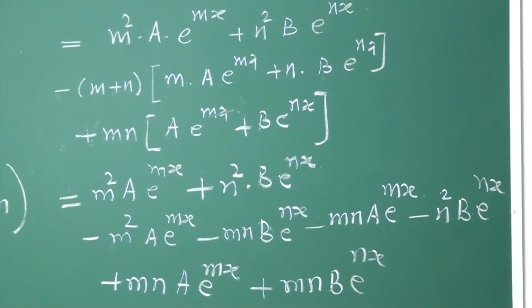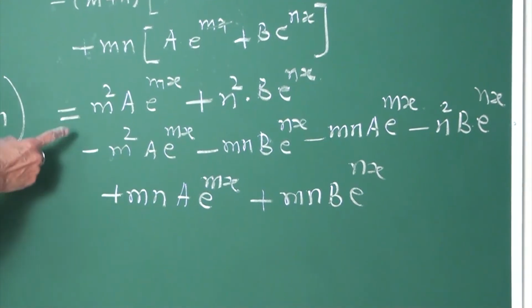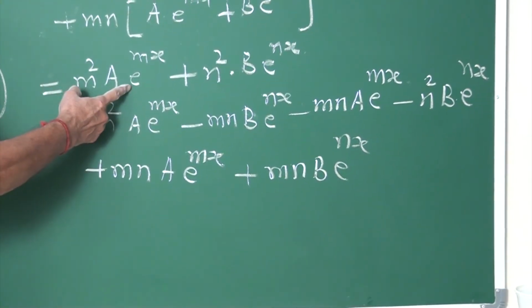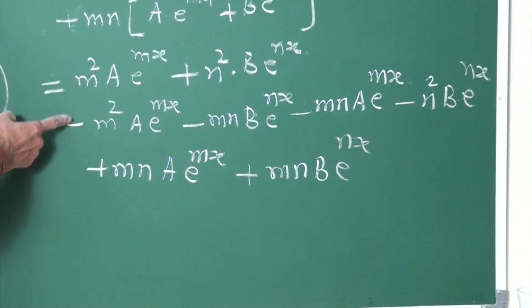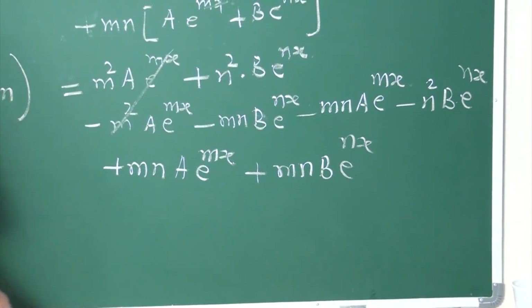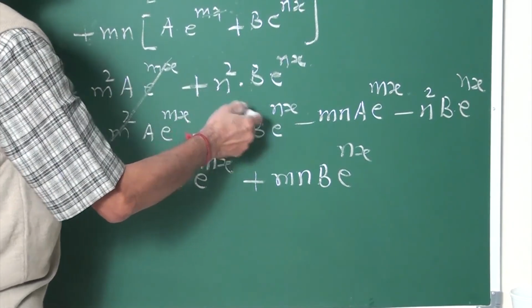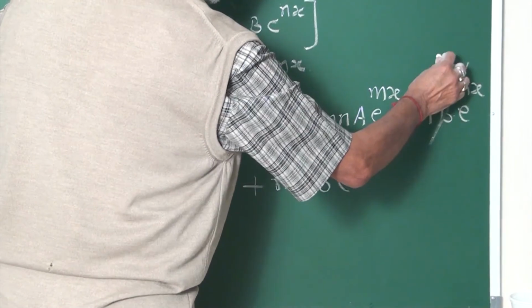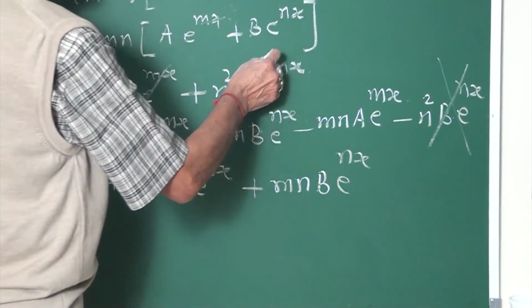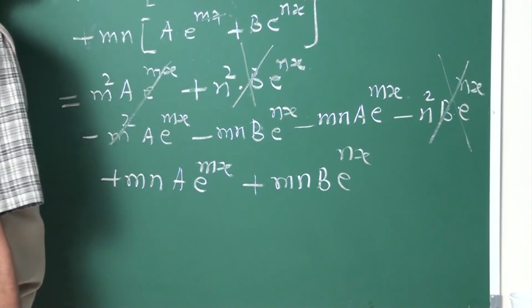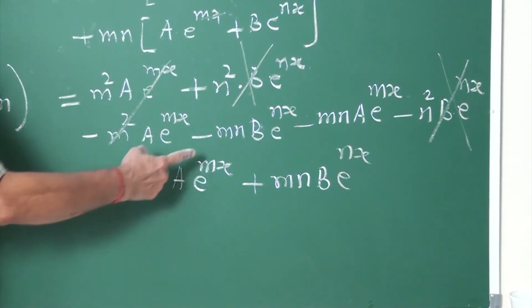Then you have to see. I have written this. Minus m square a e to the power mx plus m square a e to the power mx, and plus n square into b minus n square into b. I go with this type of marking. Yes, cancel. What next?